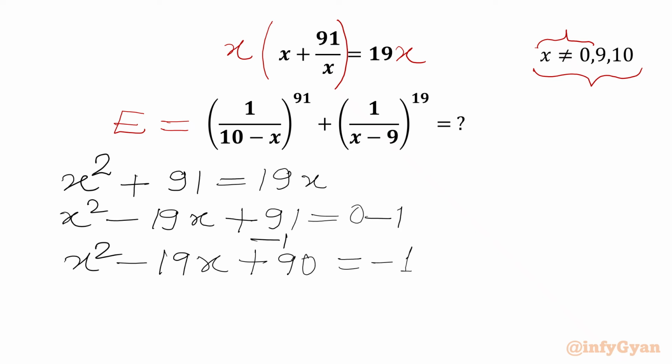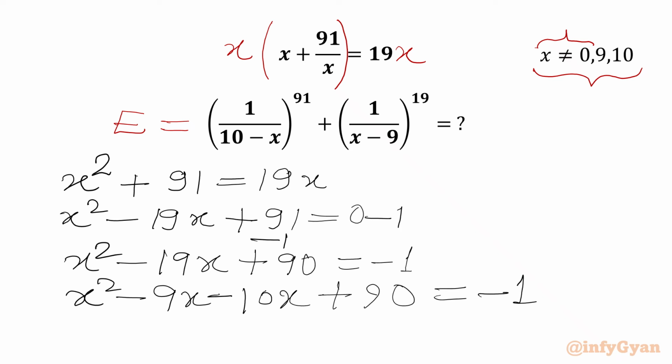Now we are going to factor the LHS. I can see the split of −19 as −9 and −10. So I will write here x² − 9x − 10x + 90 equal to negative 1. Now from the first two terms, I can take x common. So in the bracket, we will write x − 9.